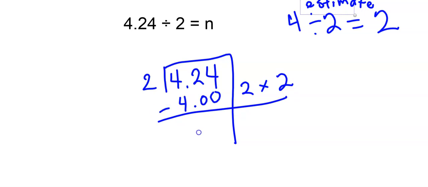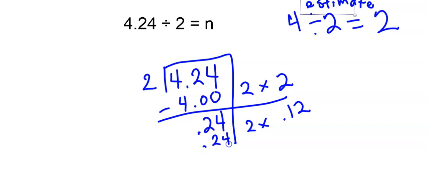So what would I have left? 24 hundredths. So 2 times 12 I know is 24, so 2 times 12 hundredths is 24 hundredths.